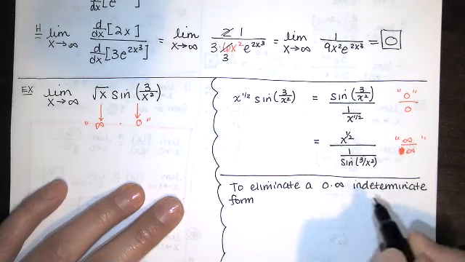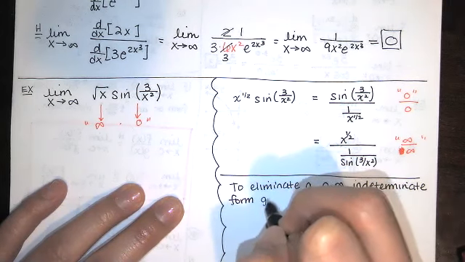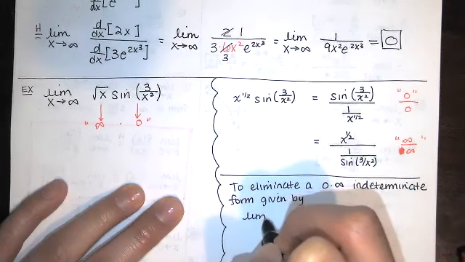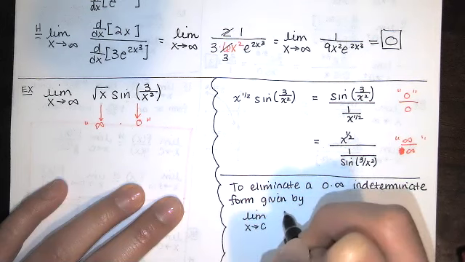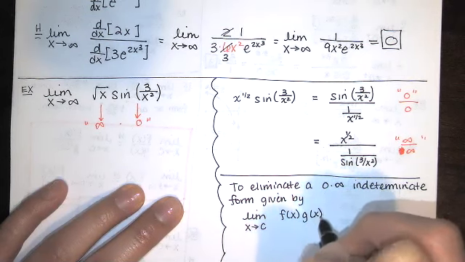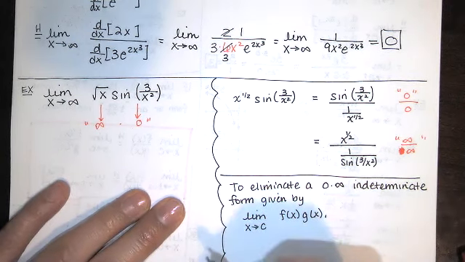So if we're eliminating a 0 times infinity indeterminate form, given by the limit as x approaches c of some product f of x times g of x, you're going to rewrite that expression.